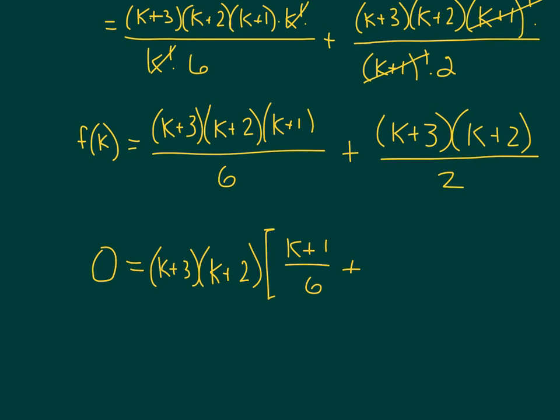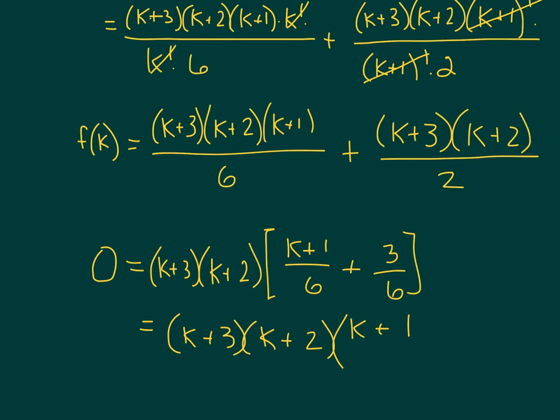1/2, which I'm going to write as 3 over 6. So this just ends up being k plus 3 times k plus 2, and when we combine these fractions, that's going to give me k plus 4 over 6. And the whole thing needs to be equal to 0. Well, now we can use the zero product property.